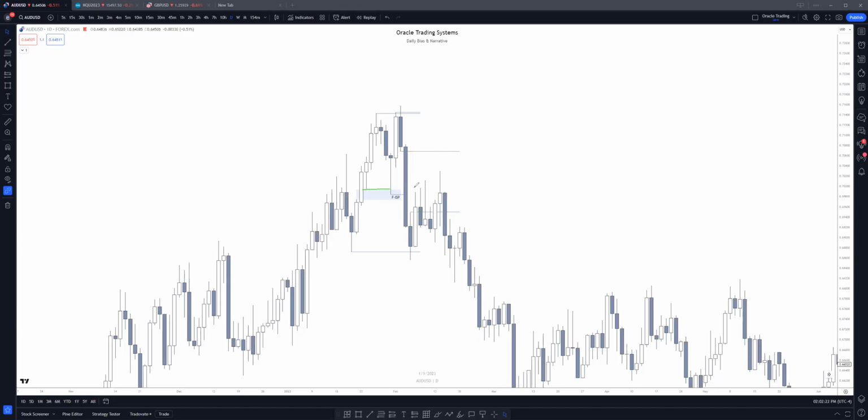You can see that this FEG holds and is supporting price to go lower, of course, right? And we can even make sense of what's going on in here. We can apply our 50% tool, see that the 50% is being respected and the bodies are trading in the lower half.